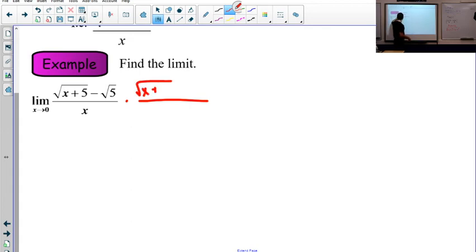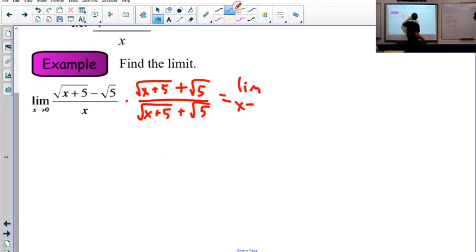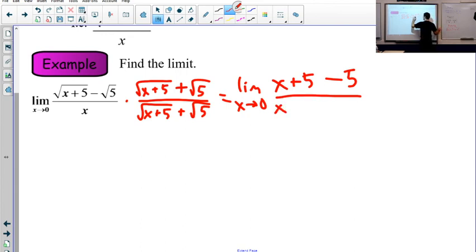Square root of x plus 5 plus square root of 5, on top and bottom. And so what that's going to create, keep our limit, is on the top, I'm going to have square root of x plus 5 squared minus the square root of 5 squared, over x times square root of x plus 5 plus the square root of 5.